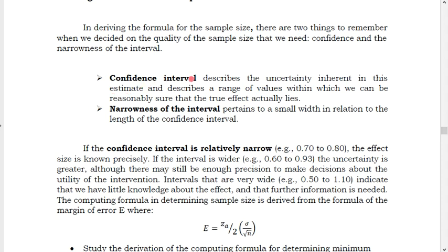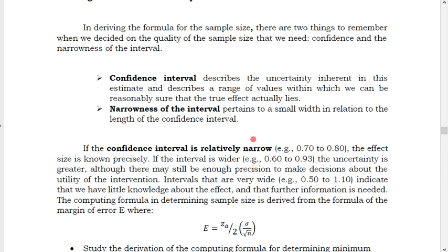Okay? The confidence interval describes the uncertainty inherent in the estimate and describes a range of values within which we can be reasonably sure that the true effect actually lies. Narrowness of the interval pertains to a small width in relation to the length of the confidence interval.